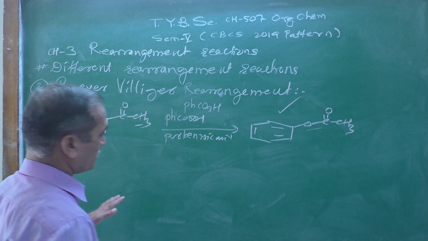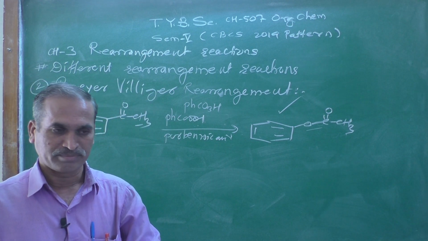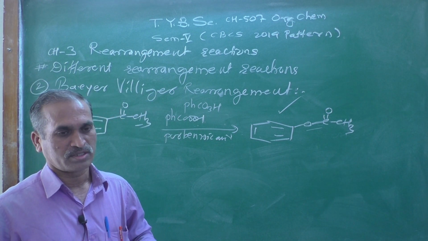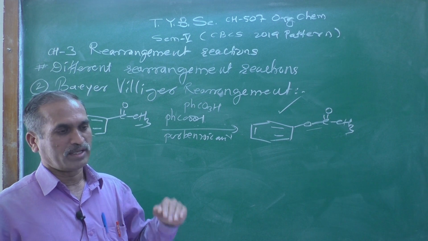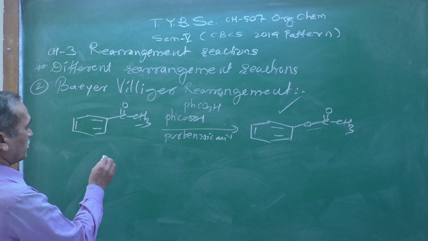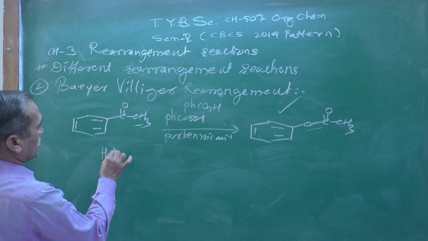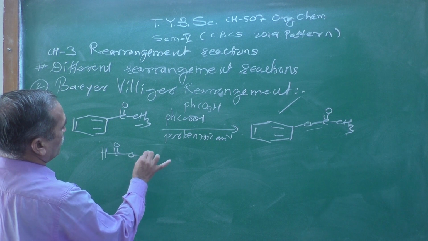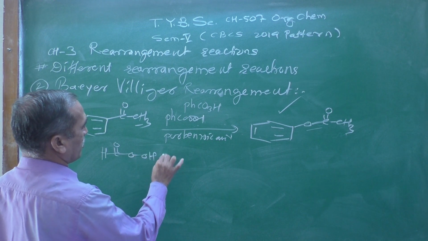So let us look at the list of reagents normally used in this Baeyer-Villiger oxidation. Number 1, HC double bond O OH, is known as performic acid.